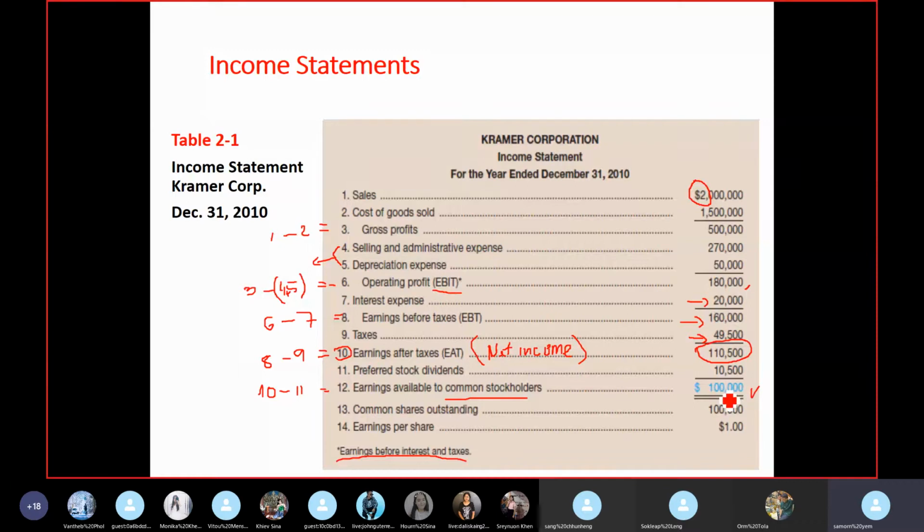But looking at the total shares outstanding in the market, in the hands of the common stockholders, there are a total of 100,000 shares. So number 14 comes from number 12 divided by number 13, to see how much earning per share there is for each common share. The total is $1 of earning per share.